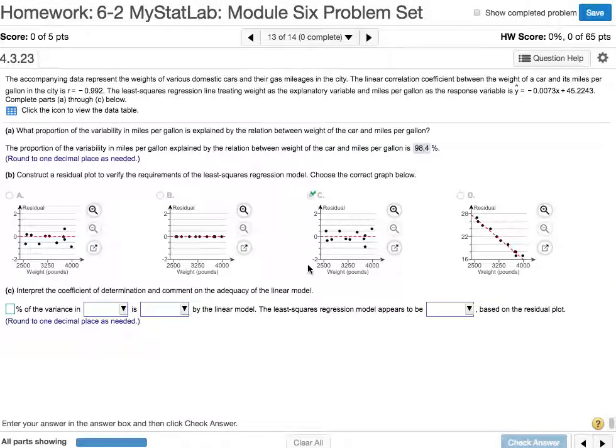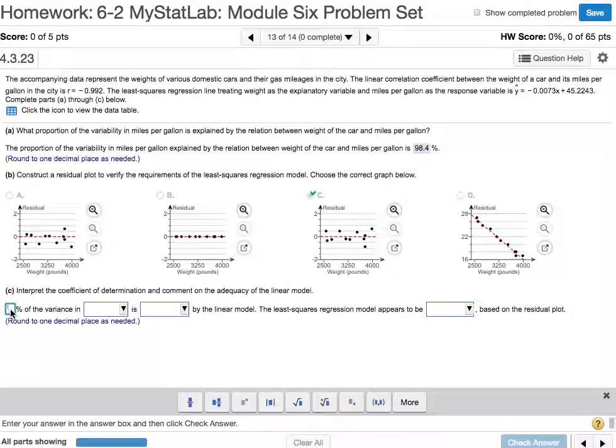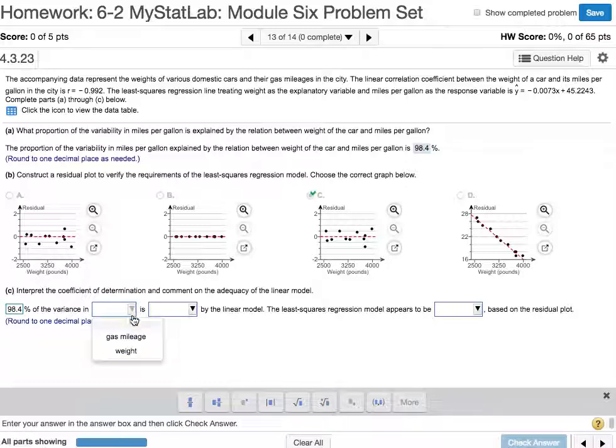All right. So interpret the coefficient of determination and comment on the adequacy of the linear model. So here we have, we calculated this earlier, 98.4%. The variance in gas mileage is explained by the linear model.